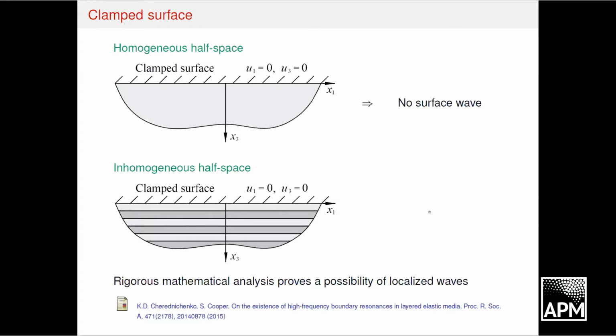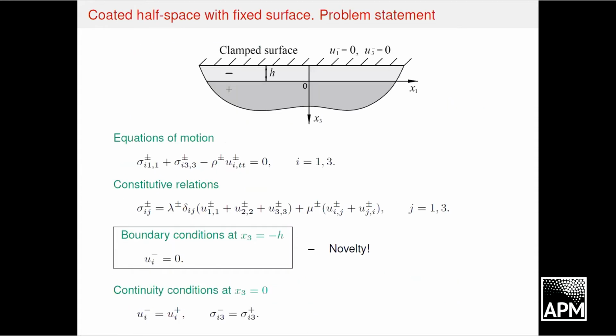Here we just wanted to illustrate this, and for simplicity we've taken just one layer. So we are considering a half space, and there is a clamped surface here, but this layer we can think of as a sort of soft layer.